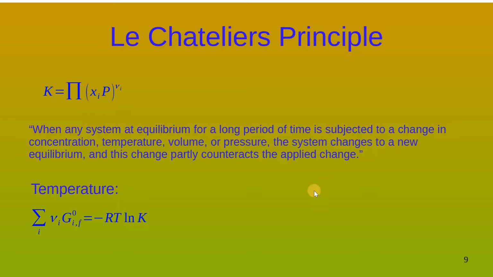Now let's really try and understand this. Let's take the example of temperature. We know that summation nu I gi f 0 is equal to minus RT ln K. Now Gibbs free energy is nothing but the enthalpy minus the temperature into entropy.